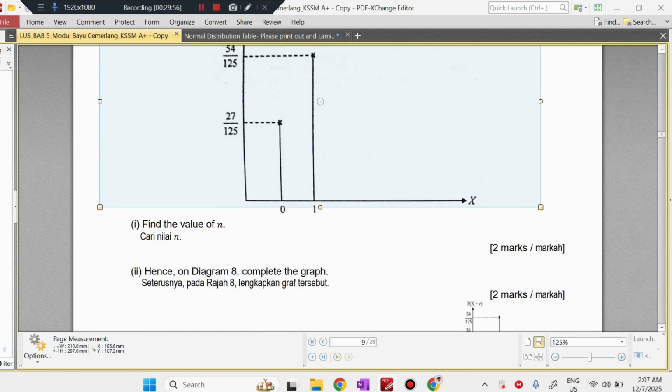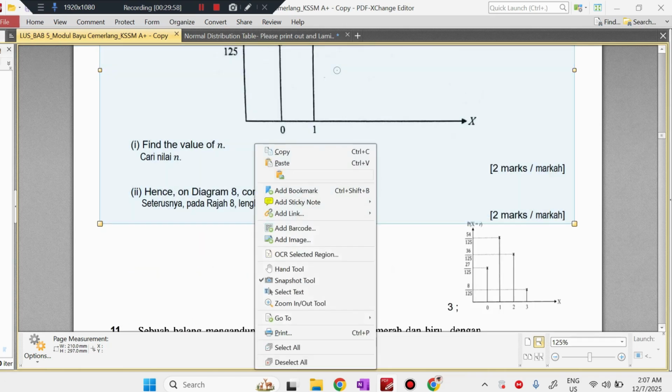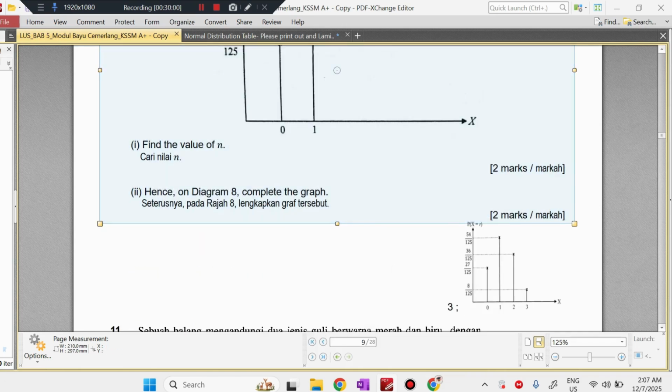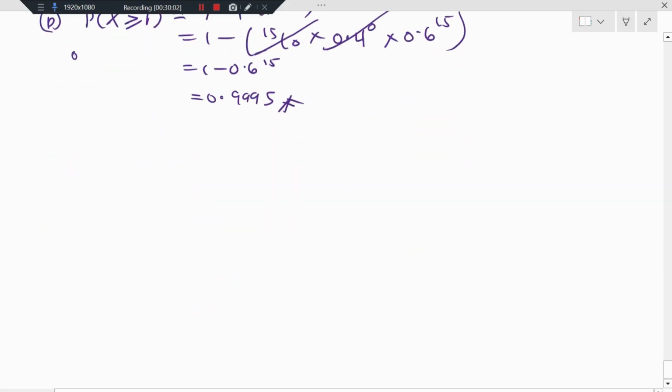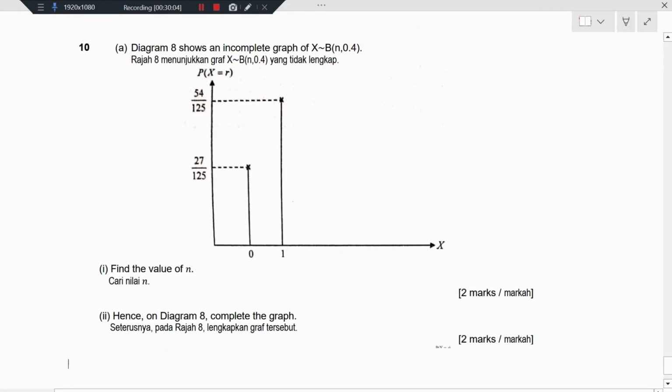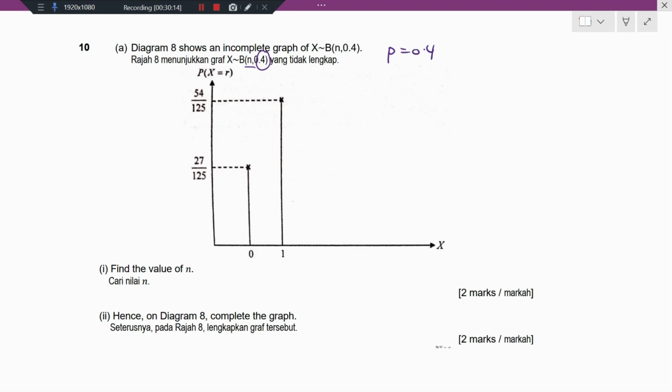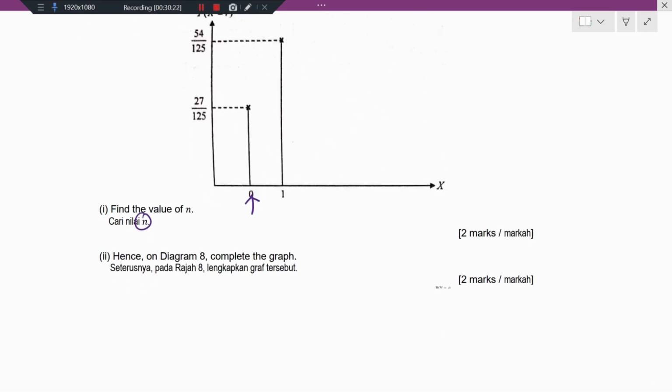And question number 10. Here you are given n, we don't know how many n, but the probability of success is 0.4. Find the value of n. Always when you want to find the unknown, use the 0 or the maximum value. So here I want to use the 0.